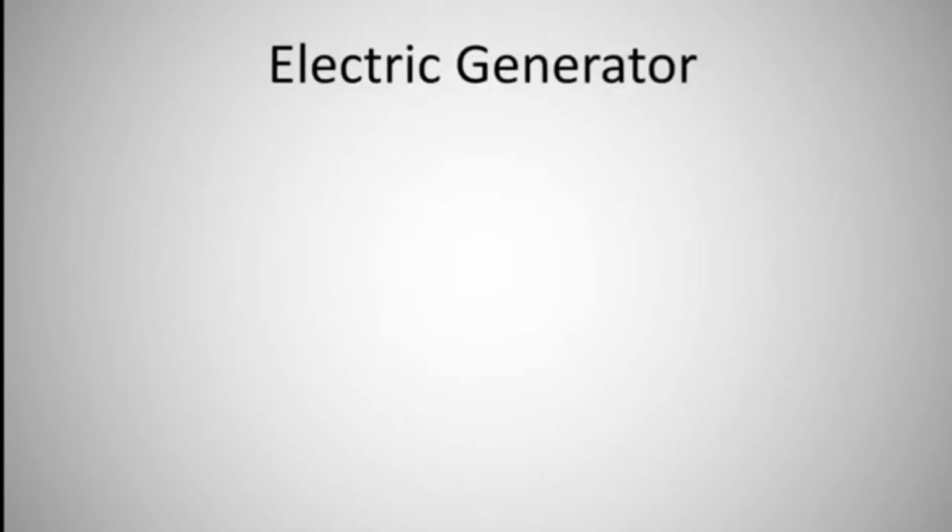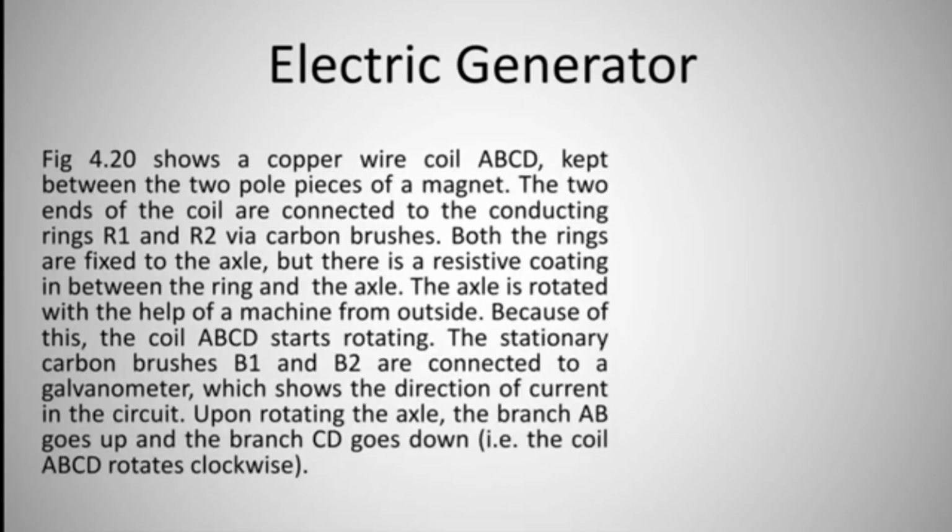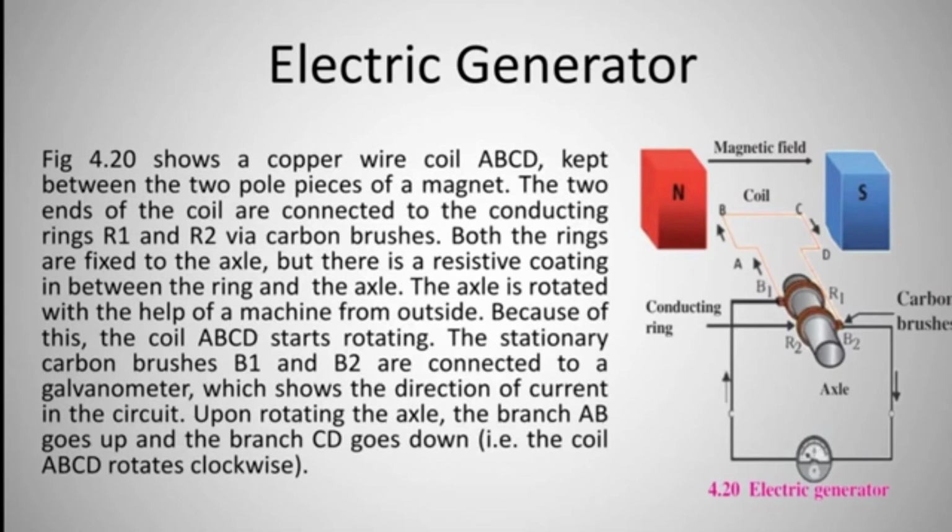Electric generator. We have seen the experiments based on electromagnetic induction. The current produced in those experiments was of very small magnitude. But the same principle can be harnessed for the use of mankind to produce large current.